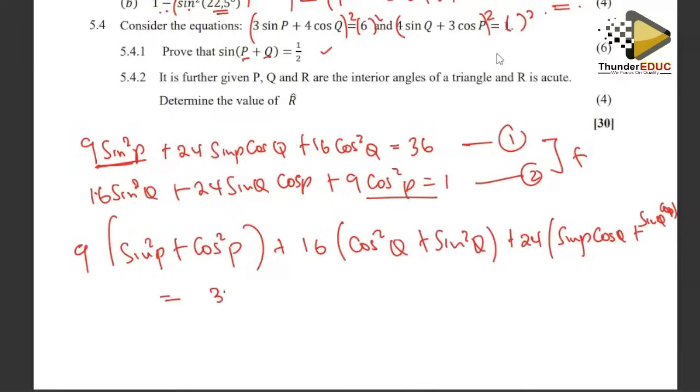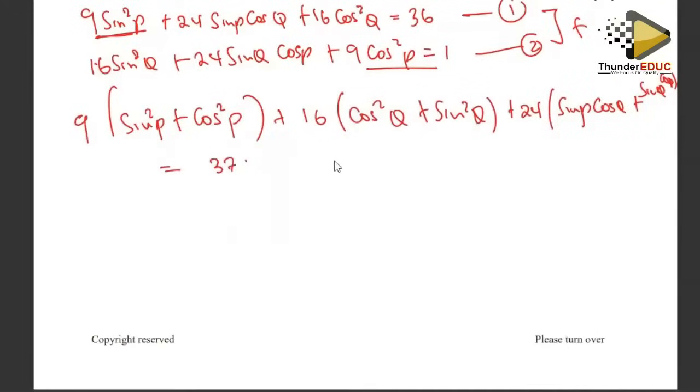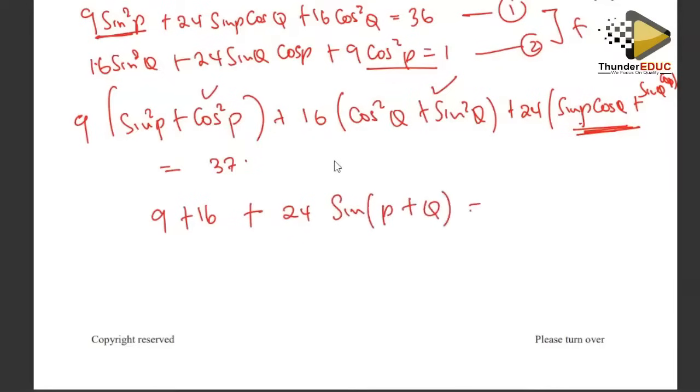This is equivalent to just a 37. Okay, so we know that sine squared plus cos squared is a 1. That's a 1. Means a 9 plus 16 plus, this is now going to give us a compound. Sine p cos q plus sine q cos p is the same as now 24 sine of p plus q is equal to 37.